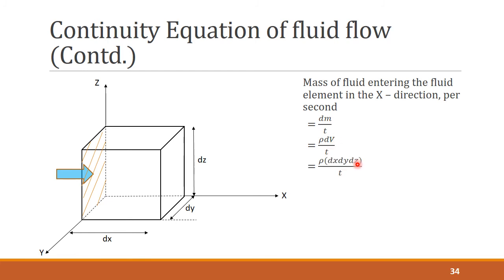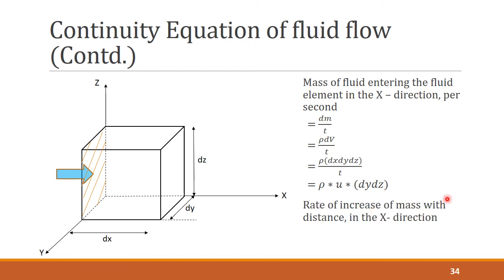So that would be rho into dx, dy, dz by time. Since we are considering the mass of fluid entering in the x direction, dx by t can be taken to be the velocity in the x direction, which is u. So the mass of the fluid entering per second in the x direction is given by rho into u into dy dz, because dx by t can be taken to be equal to u. This is the mass of the fluid entering the fluid in the x direction per second.